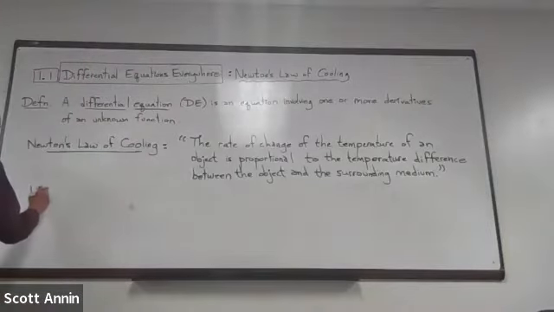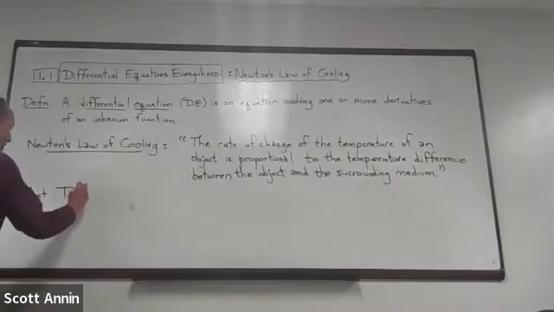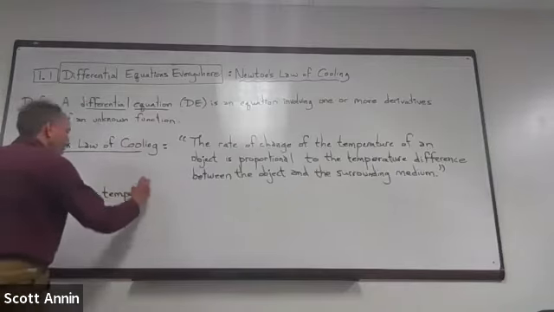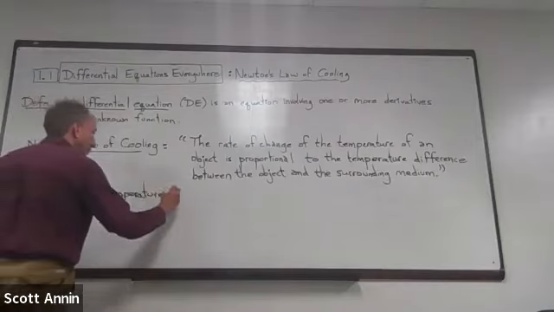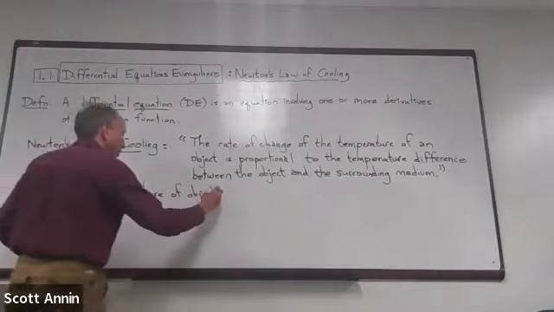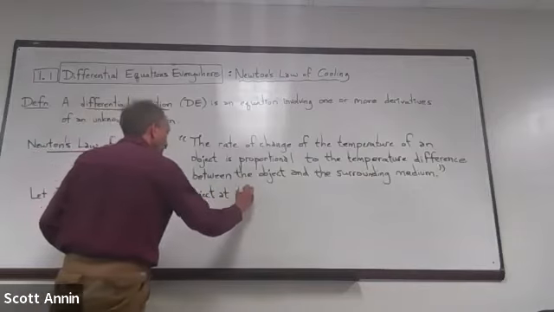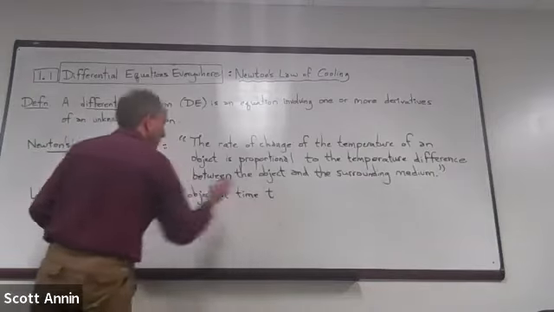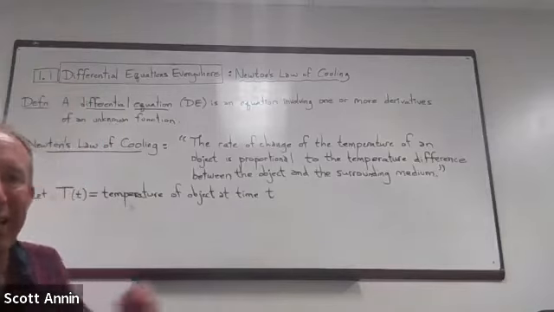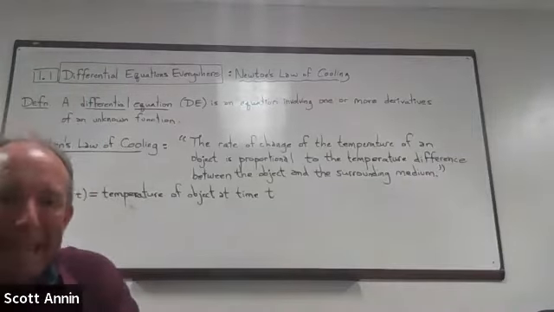I am going to let capital T of little t be the temperature of that object at time t. The temperature of the object at time t, capital T of little t.